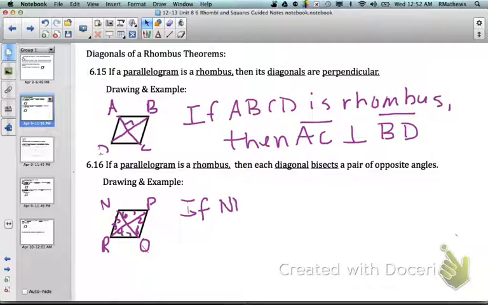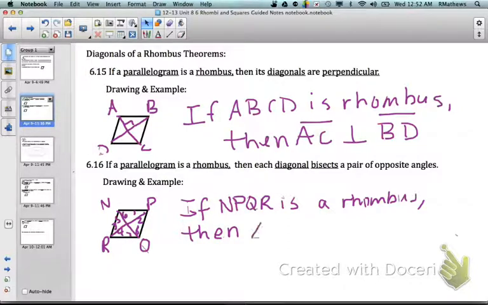What we're saying is that if NPQR is a rhombus, then all those angles that were bisected by the diagonals, those are going to be congruent. So we would say angle 1 is congruent to angle 2. Angle 3 is congruent to angle 4.